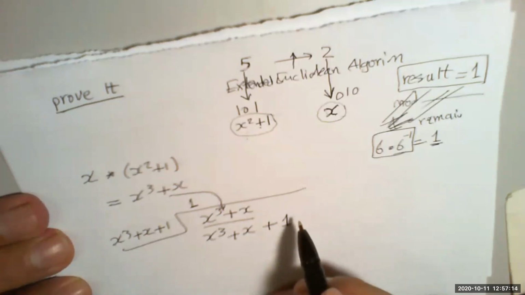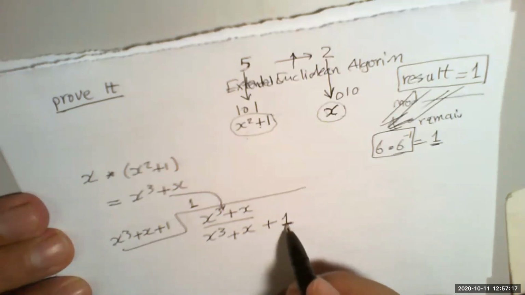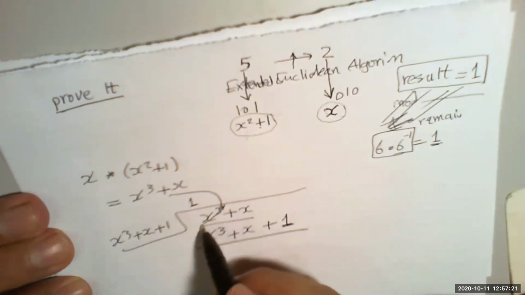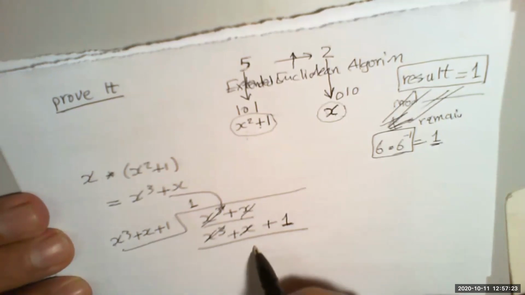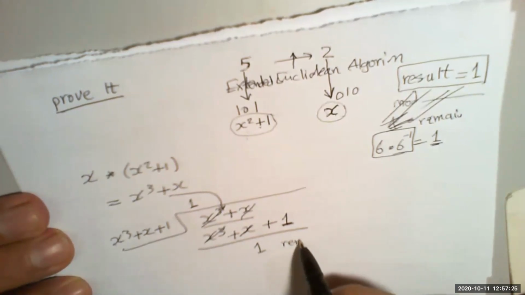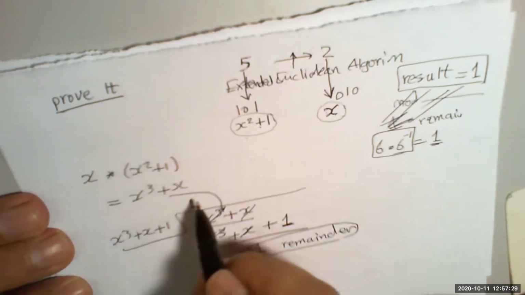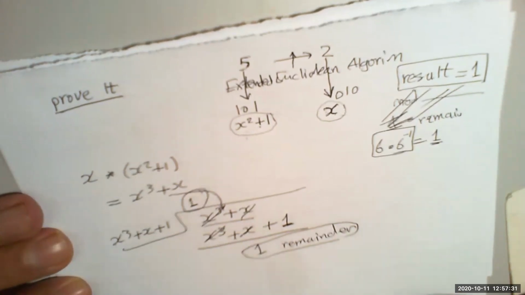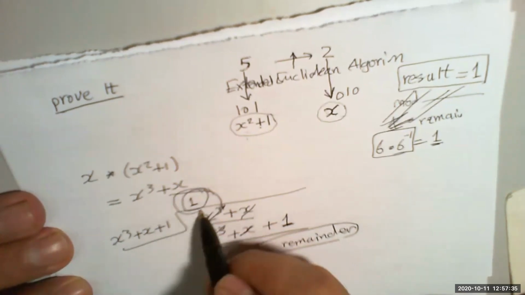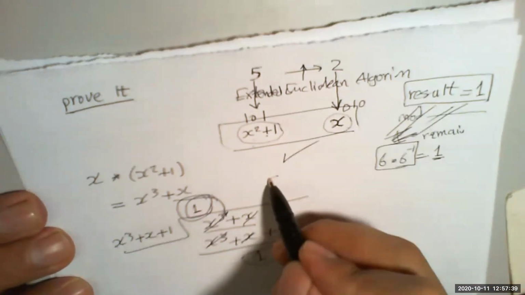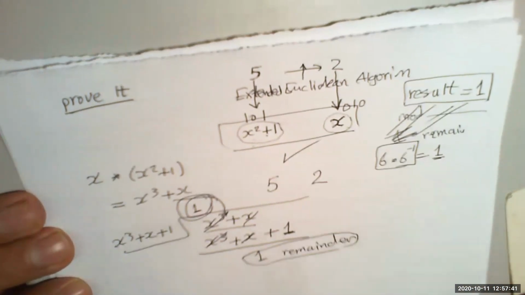Here we remove that with that, that with that, and the remainder is 1. I don't care about the remainder. I care about the result. The result is 1. This means this is true. So the multiplicative inverse of 5 is 2.